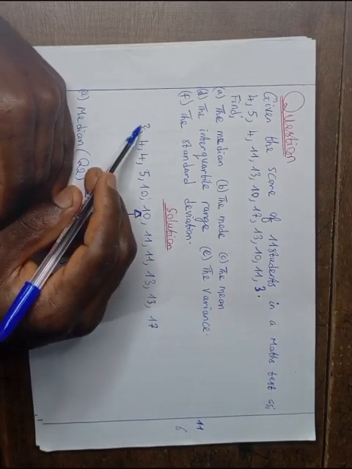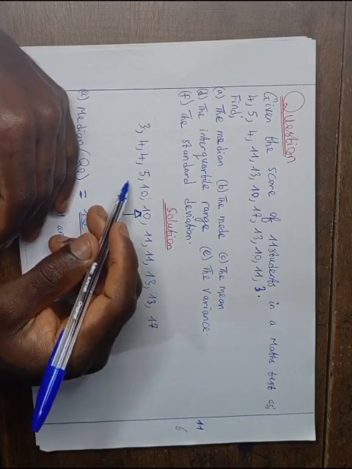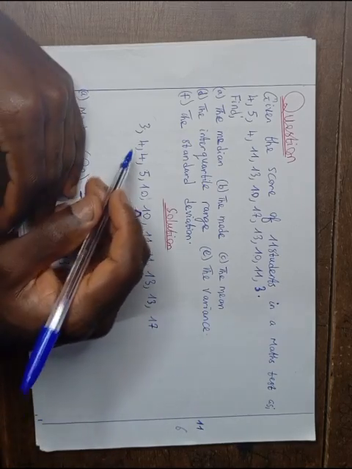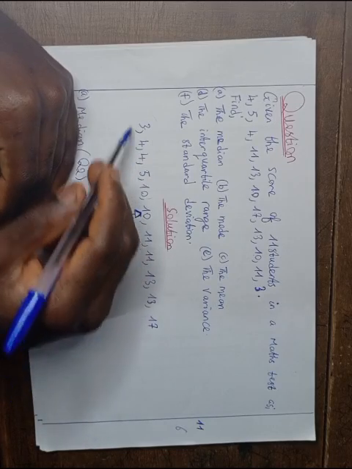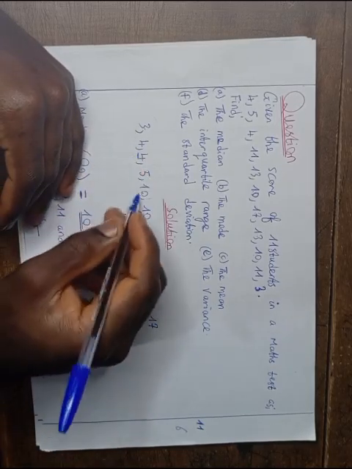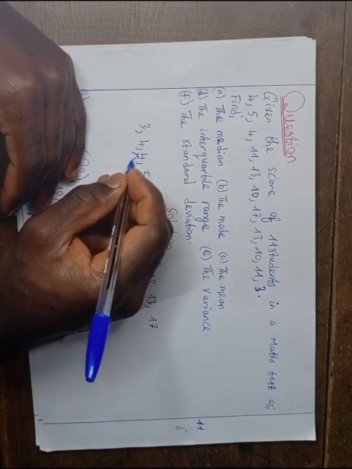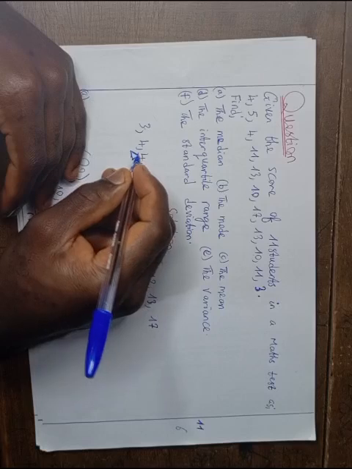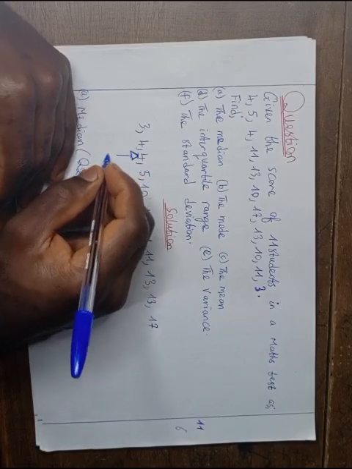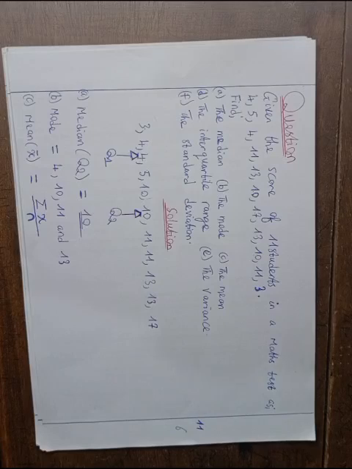We have 5 observations: 1, 2, 3, 4, 5. So we need to locate the middle number. The middle number will simply be at the third position. So 1, 2, this is the third position. So this is our middle number here. So this is our lower quartile, this is Q1.